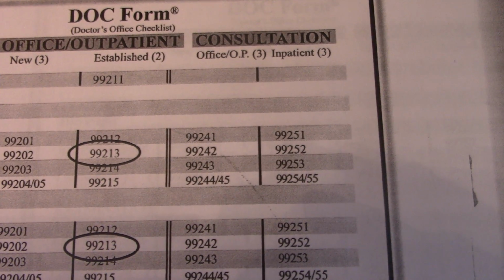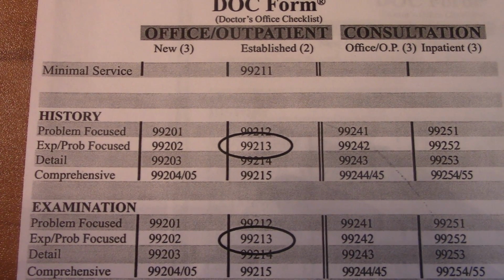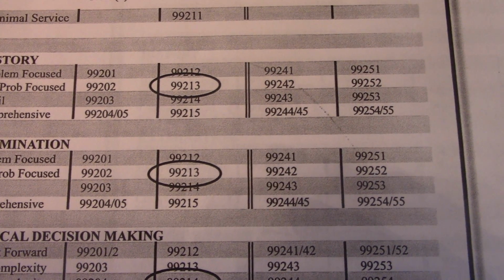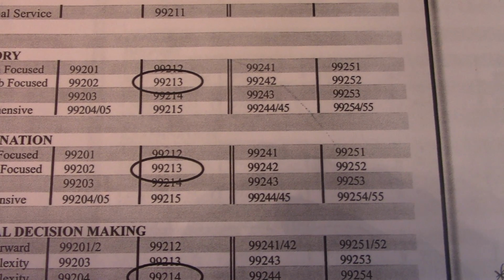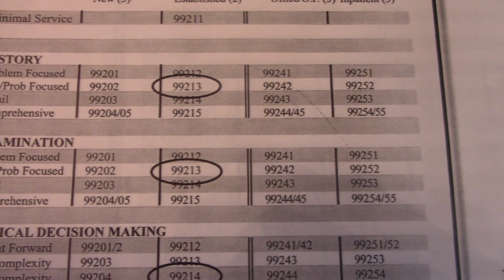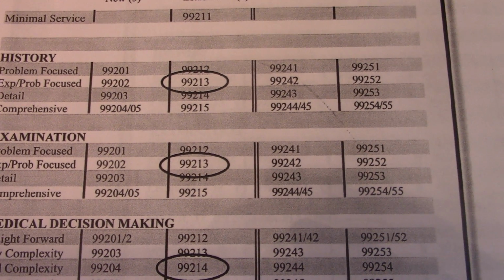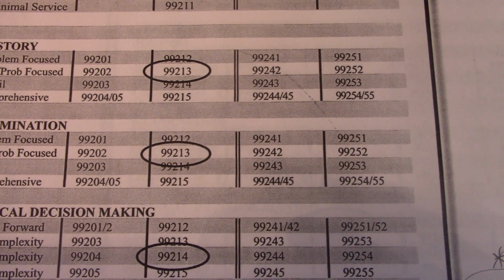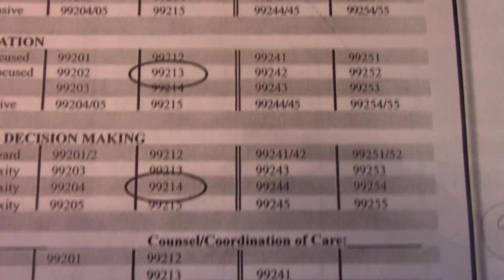Your physician performs an expanded problem-focused history, an expanded problem-focused exam, and because of the number of management options he has to consider, the amount and complexity of data he has to review, and the risk of complications associated with various treatments, your physician makes a treatment decision that is moderately complex. Okay?